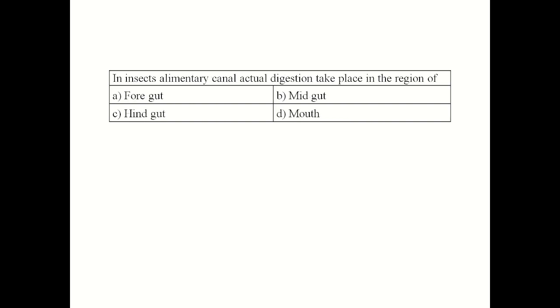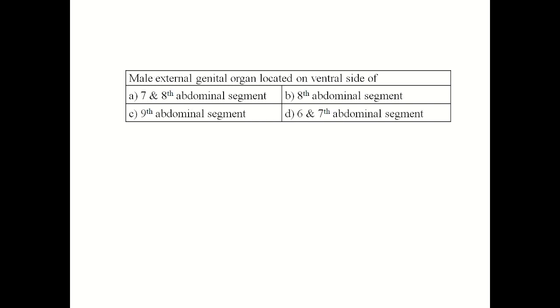In insects, in the alimentary canal, actual digestion takes place in the region of midgut. Chitin is absent in epicuticle. Male external genital organ is located on the ventral side of the ninth abdominal segment.